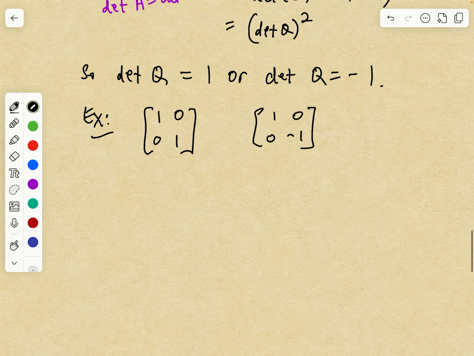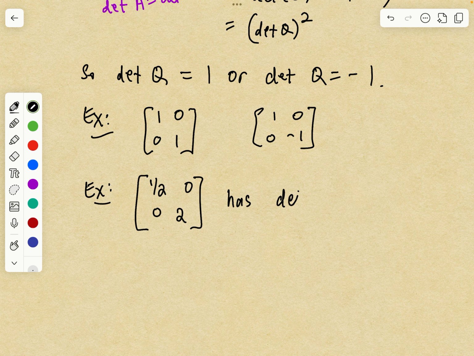Well, there's a quick way to see that the answer is no. If you take, say, this diagonal 2 by 2 matrix with entries 1/2 and 2 on the diagonal, right? The determinant of this is 1, so this has determinant 1, but it's not orthogonal.